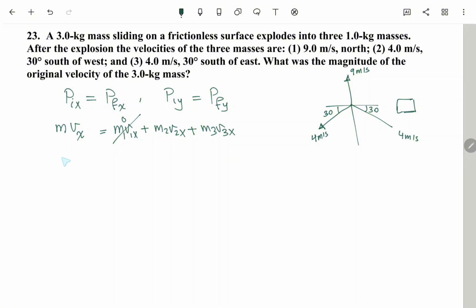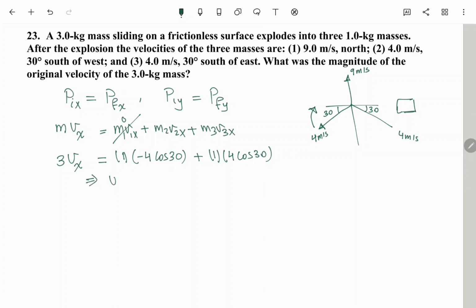Now, the total mass here, 3 Vx, which is the original speed for the 3 kilogram mass, equals M2, it's 1, V2x, which in this case is minus 4 cosine 30, plus 1 times 4 cosine 30.